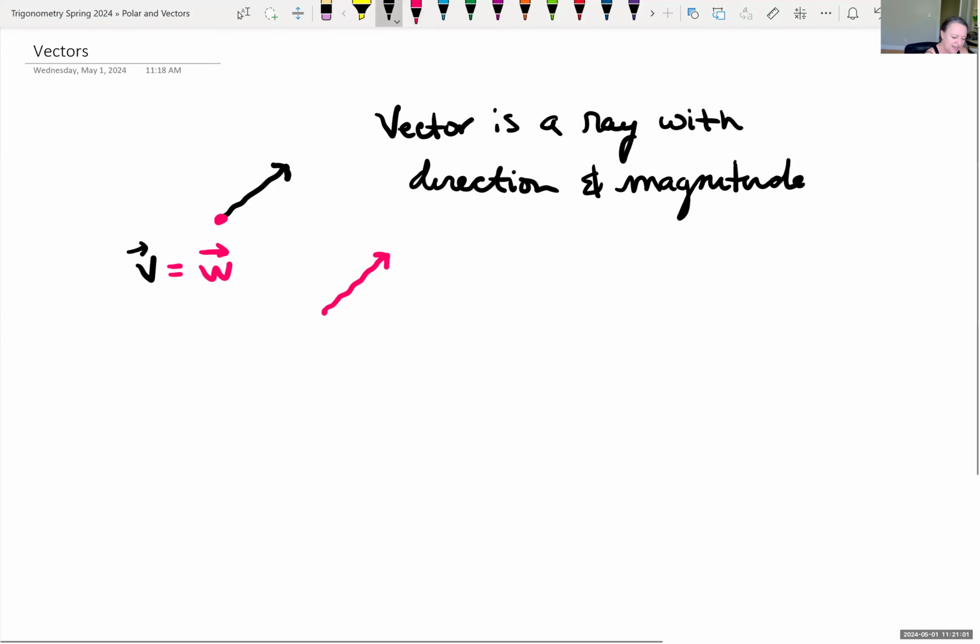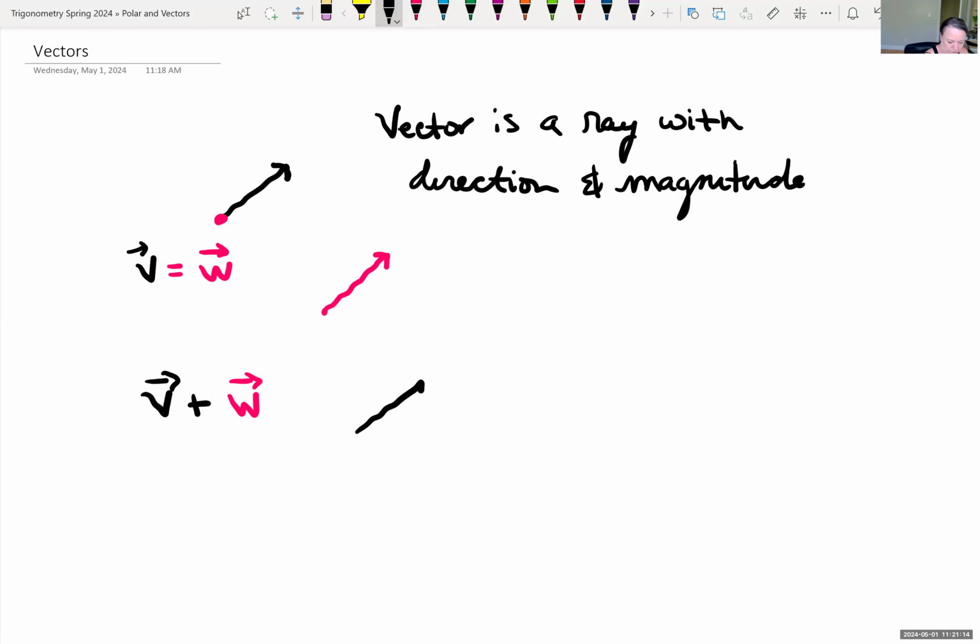So if I was adding v plus w, I would take my vector v and start the initial point of my vector w at the end point of my vector v. And so this would be v plus w.